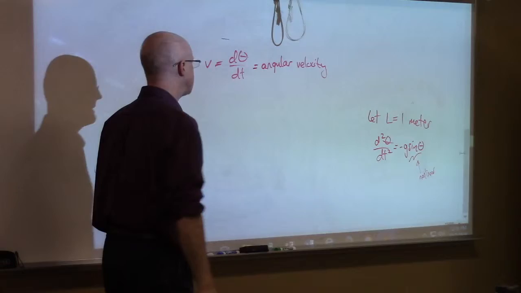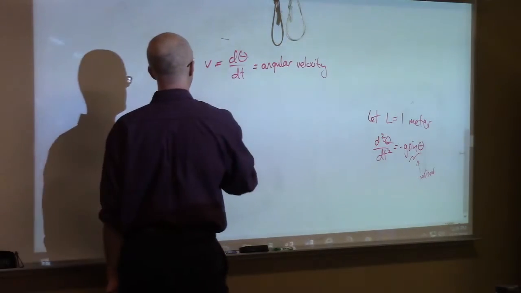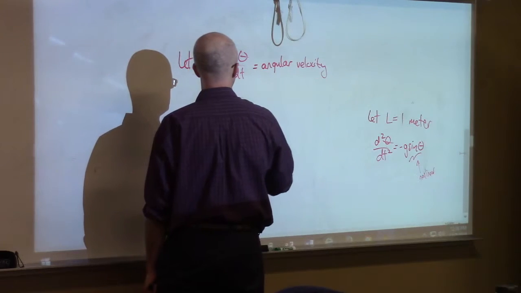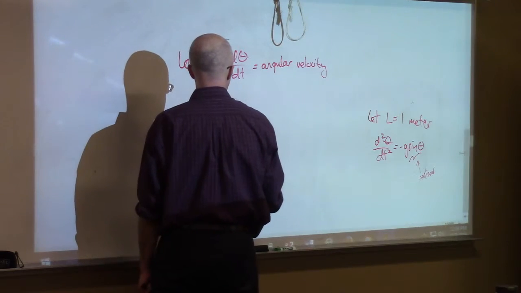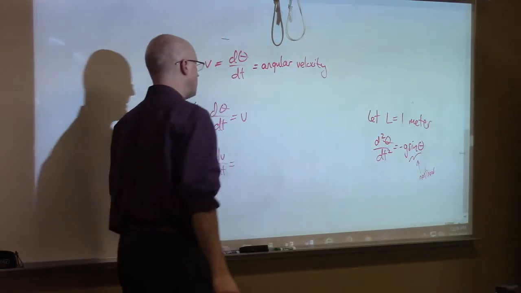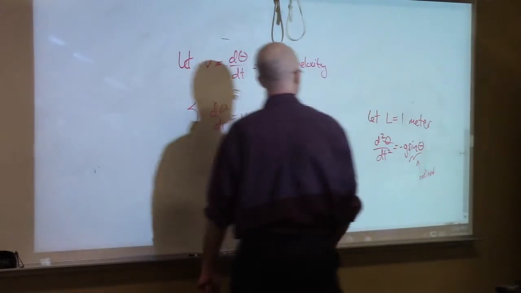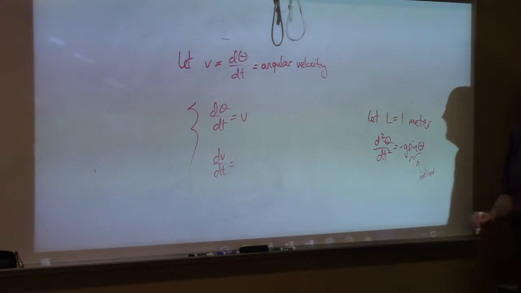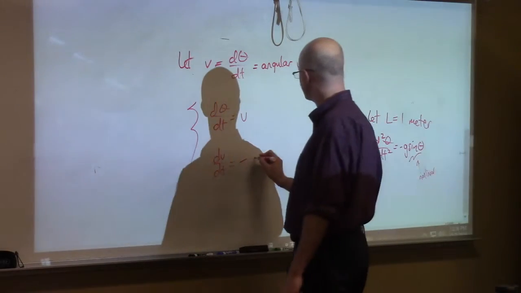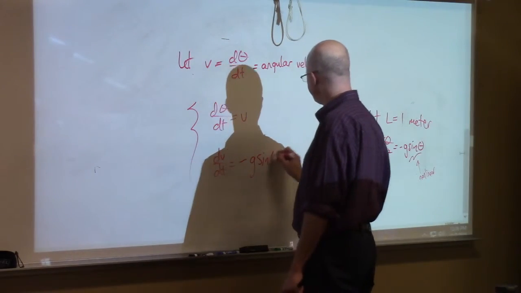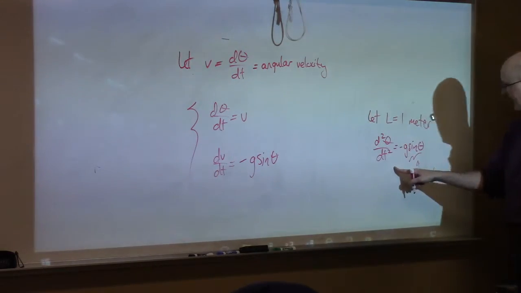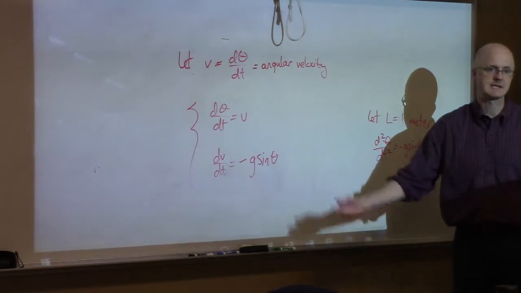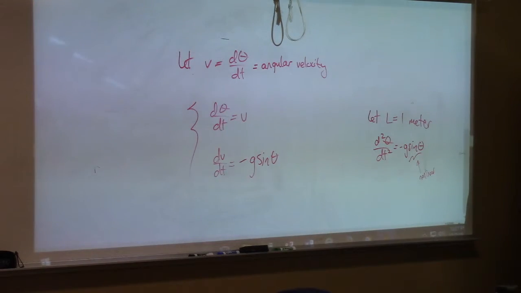And that definition becomes one equation in the corresponding system. The first equation, d theta/dt equals v, and dv/dt, which is the second derivative of theta with respect to t, equals negative g sine theta. So this is our first order system. This is a second order scalar equation, a single equation. This is a first order system that's equivalent to the second order equation.